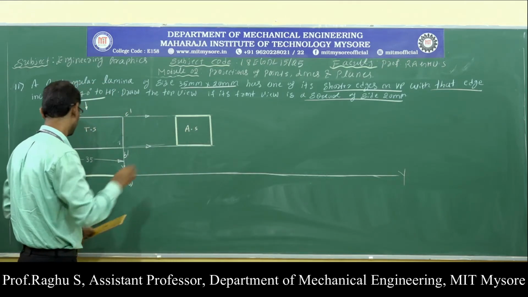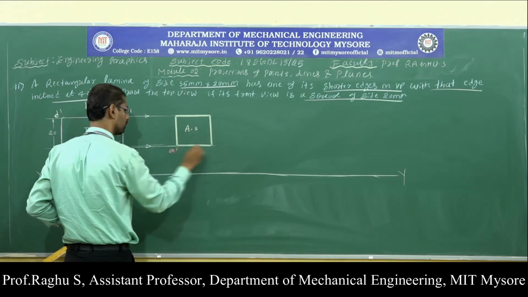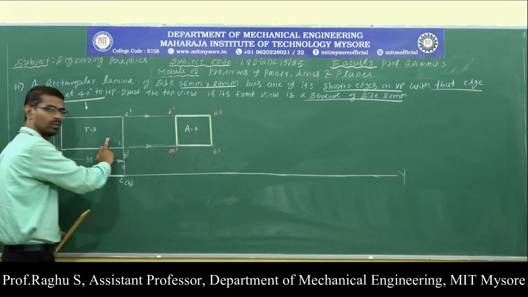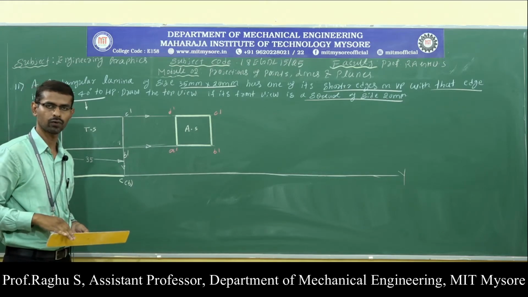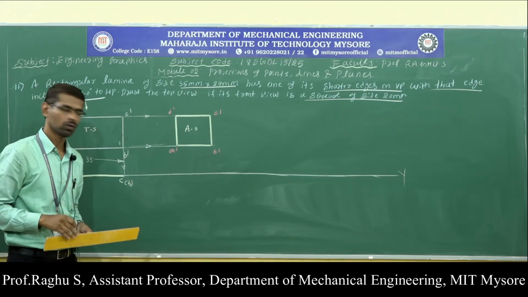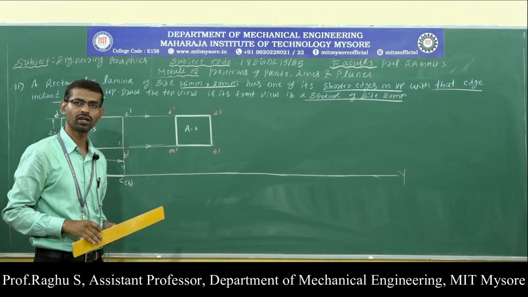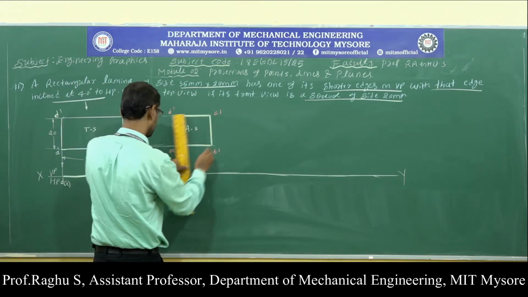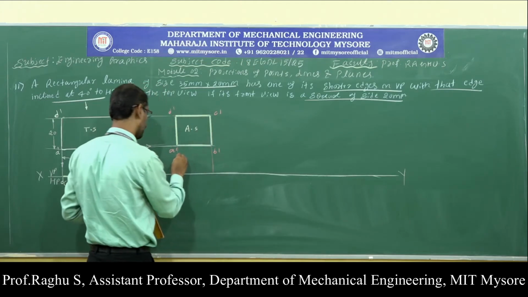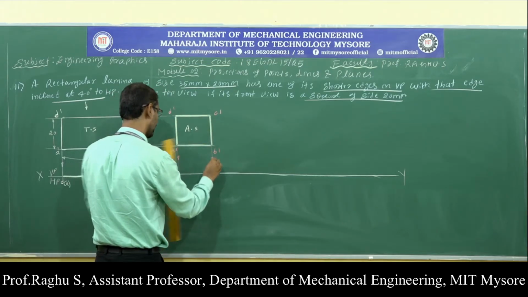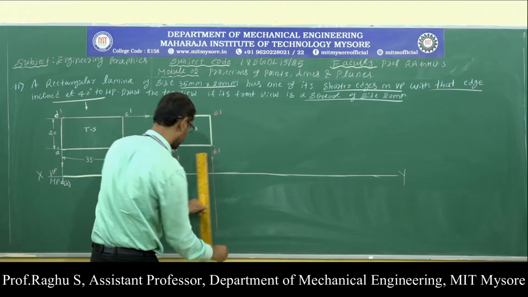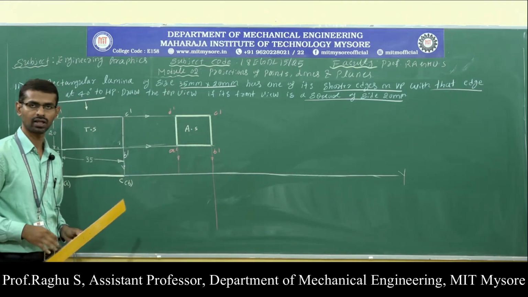Do the naming: A dash, B dash, C dash, D dash, just similar to the first position front view. Now, to get the second position top view, just draw vertical projections. Draw thin lines up to XY. Now extend the right side projection line up to a certain line.